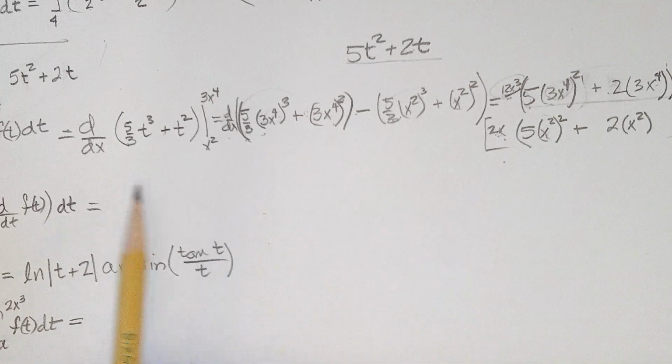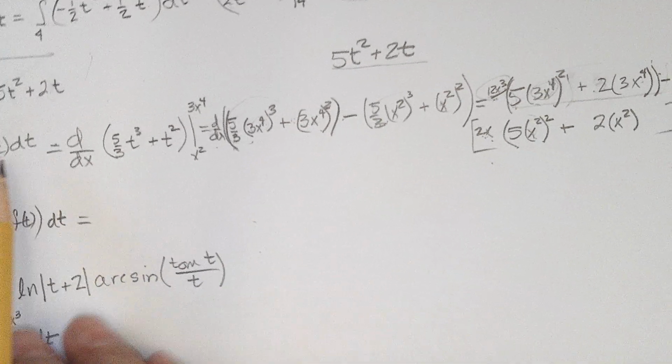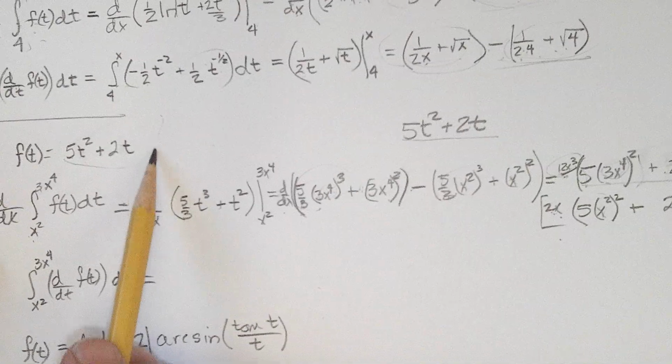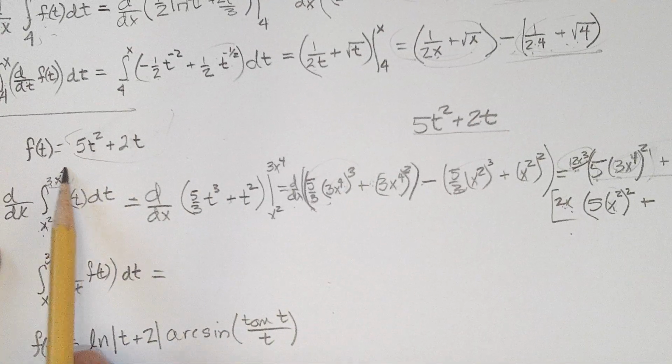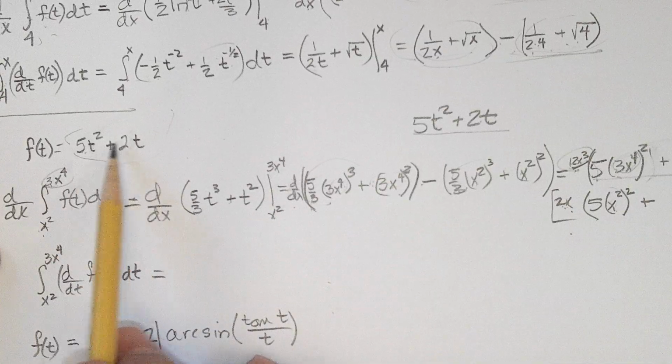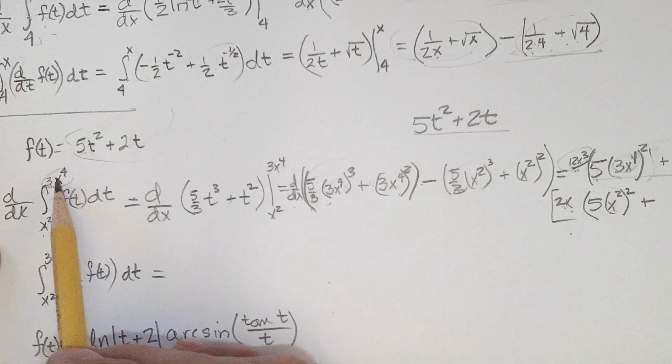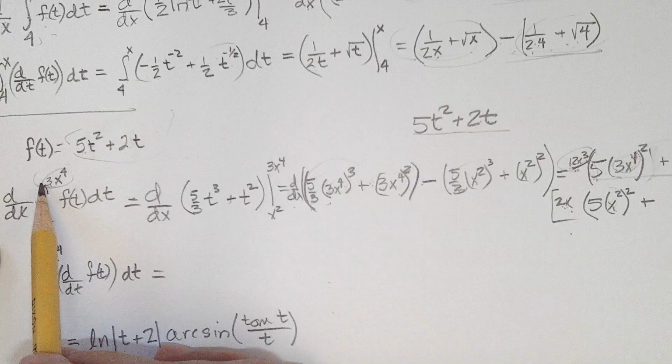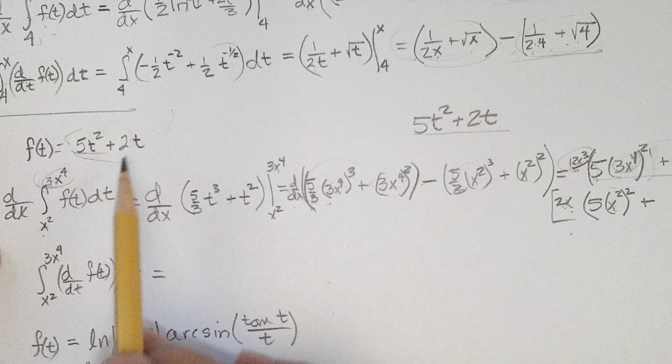So what I get is the original function with this put in for the t's, and then minus this put in for the t's. But on this part, I have to do times the derivative of this.